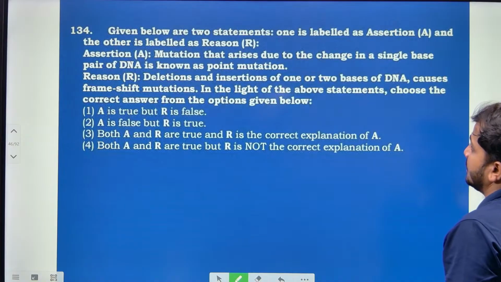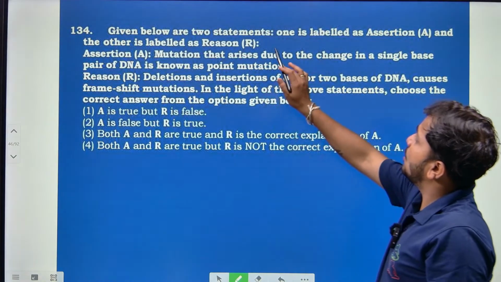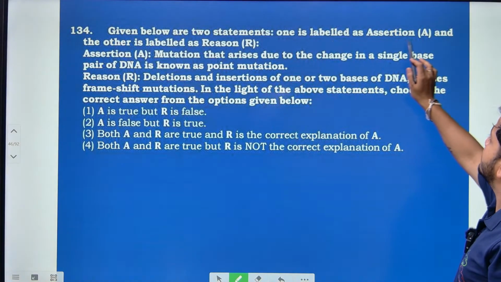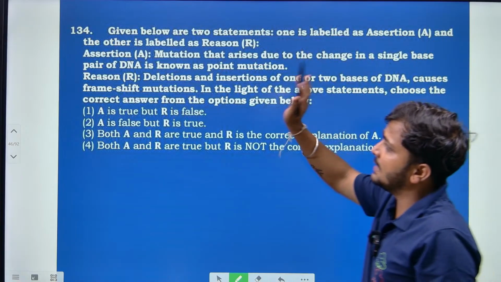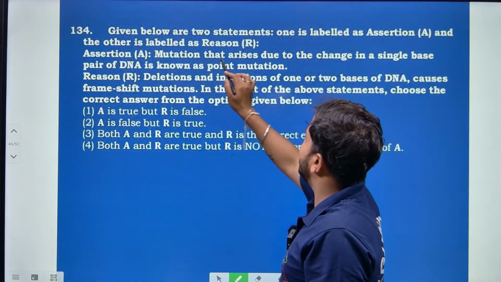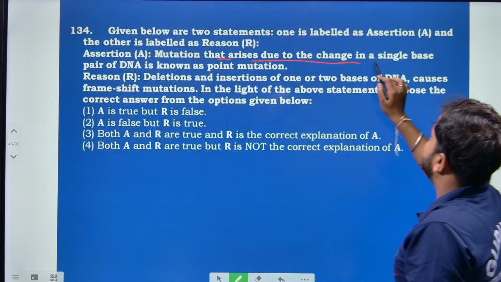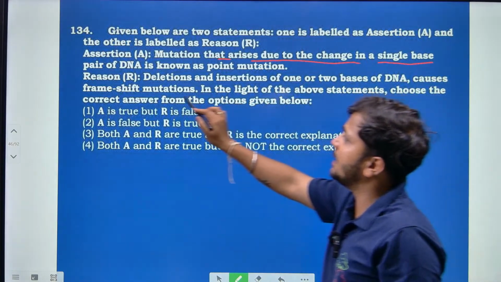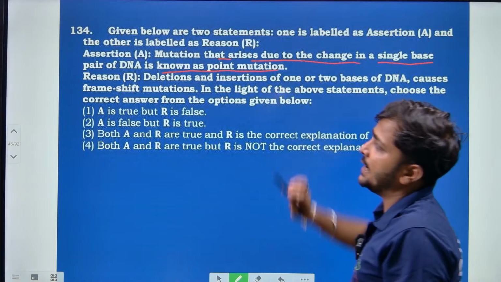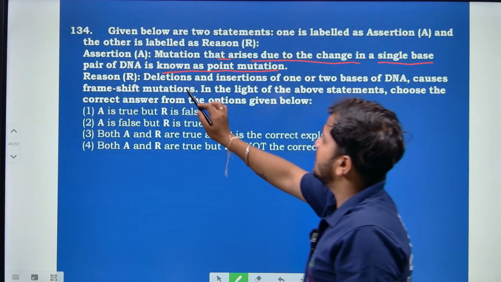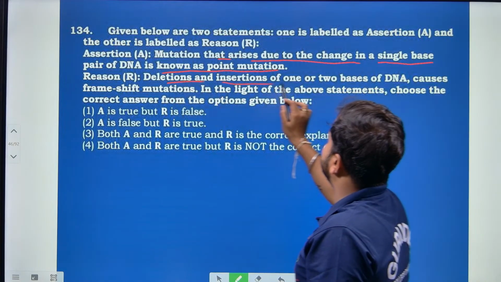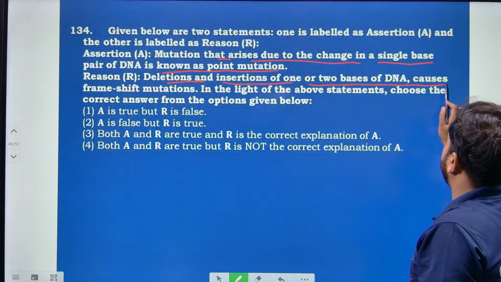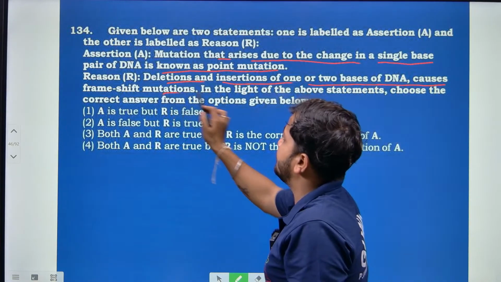Then given below are two statements. One is labeled assertion A and the other reason R, right? Mutation that arises due to the change in a single base pair of DNA is known as point mutation, right? Then the reason is deletion and insertion of one or two bases of DNA causes frame shift mutation.